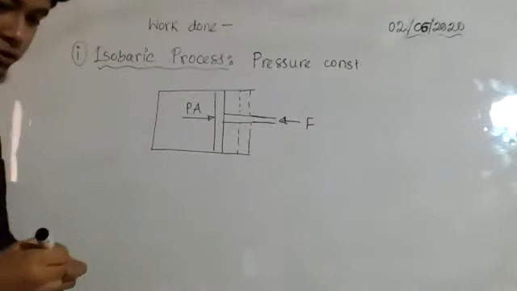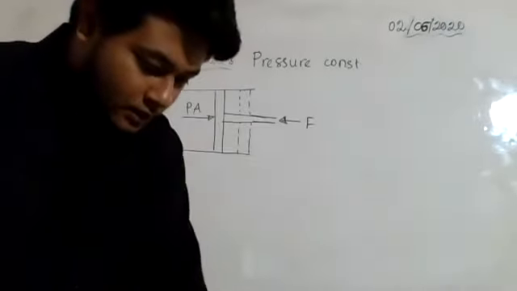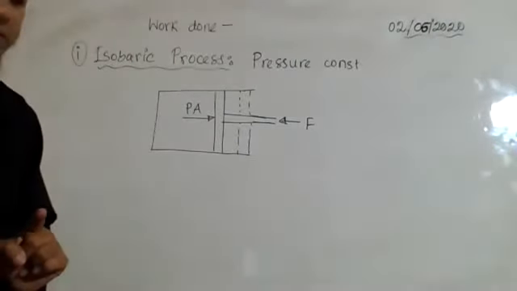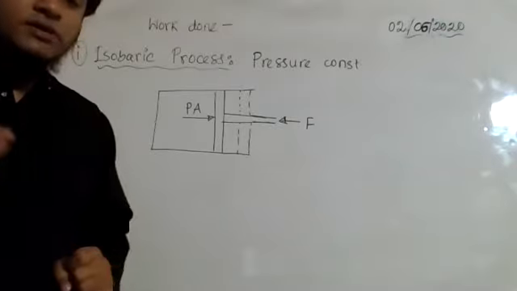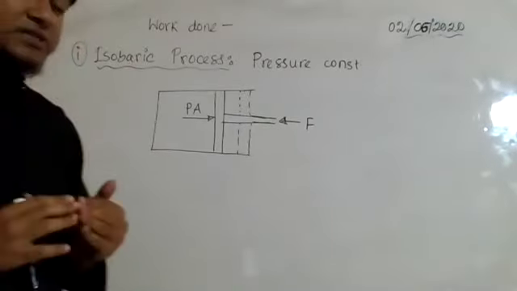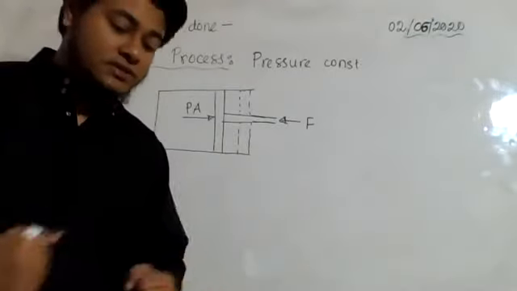Okay, so this is the figure given. Now, definition: the thermodynamic process in which the pressure of the system is not changed is known as an isobaric process. We already know about this. Now, let us go through the explanation and see how to calculate the work done in this case.